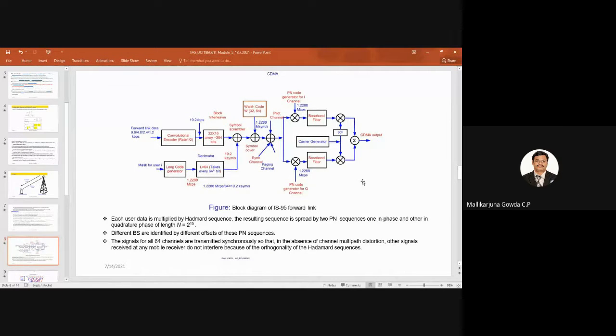At least looking at this diagram, do you feel that you know something about this? At least some part of this. Is it possible to say, or are you totally new to this?